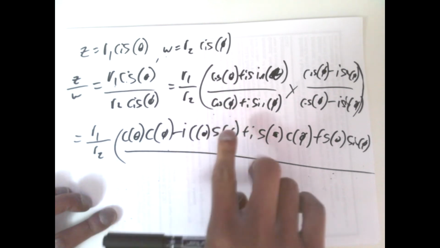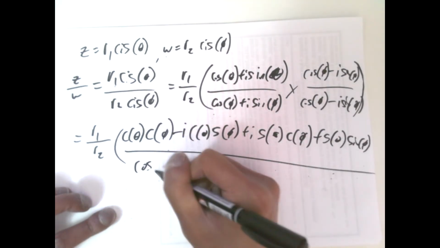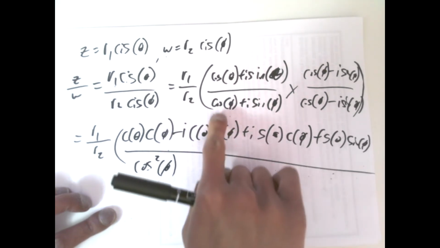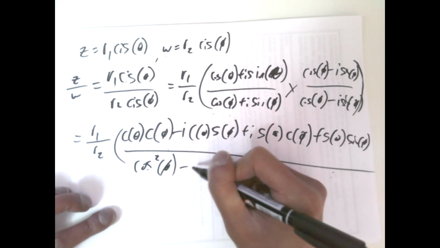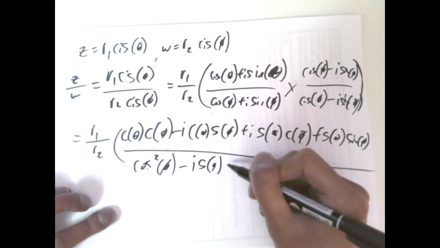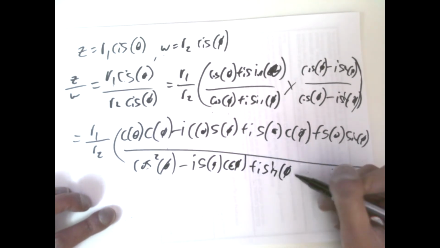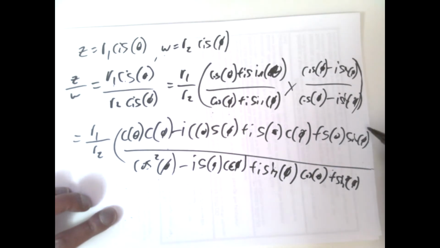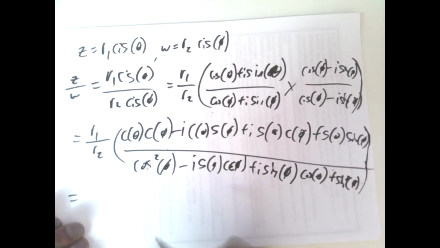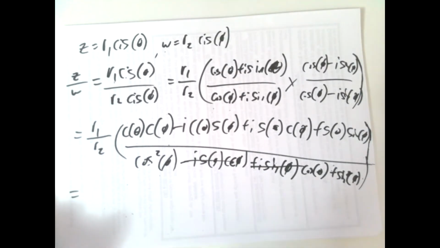And a complex number times its conjugate must be a real number. Cos phi times cos phi is cos squared phi. The cross terms cancel off, and we get cos squared plus sine squared, which is 1.